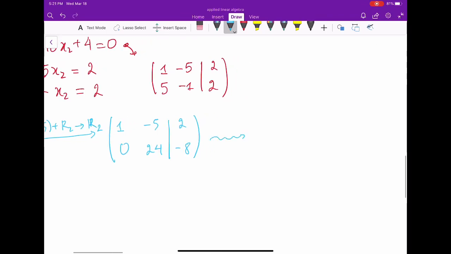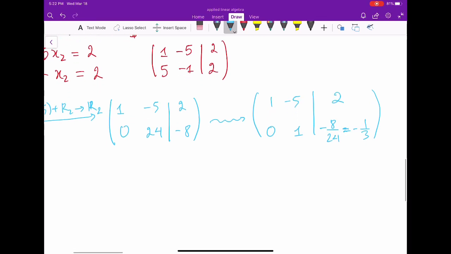And then we divide both sides of the second row by 24. We get 1 in here, and we get negative 8 over 24, which is negative 1/3. And here I get 1, negative 5, and 2.